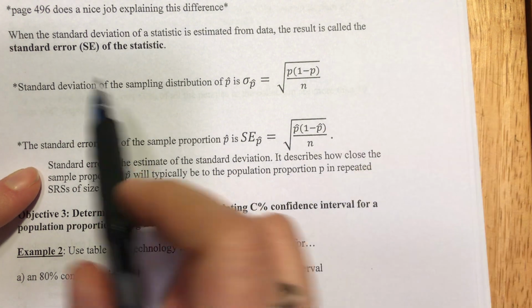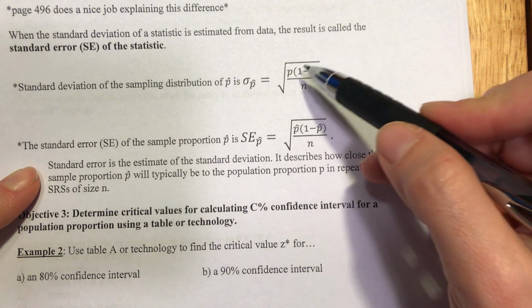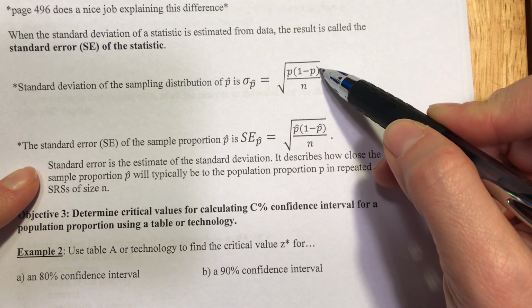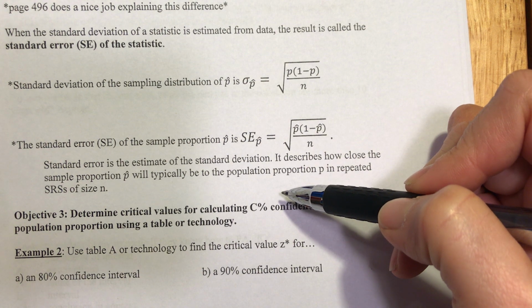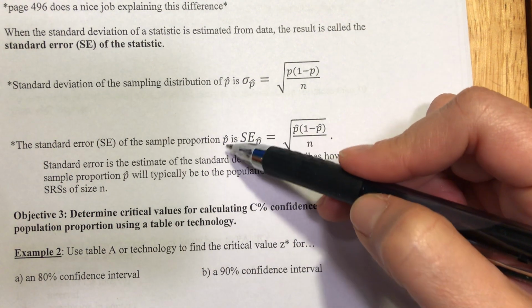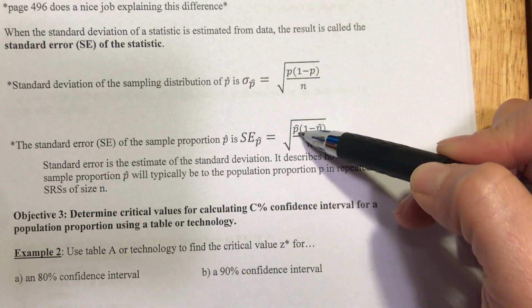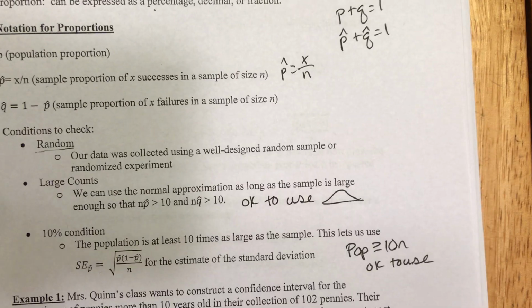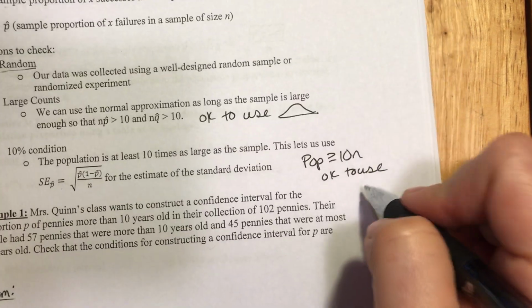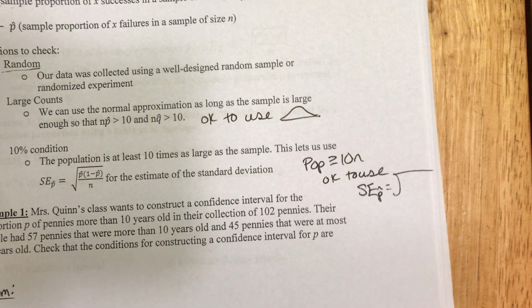If you're working on a sampling distribution, then you have sigma sub p hat and you use p and q. If you're working on a confidence interval, and we've got a sample proportion, then we work with p hat and q hat in the numerator. They represent the same basic idea. So we would say it's okay to use the standard error of p hat equals our formula.